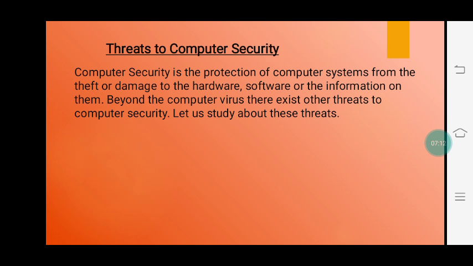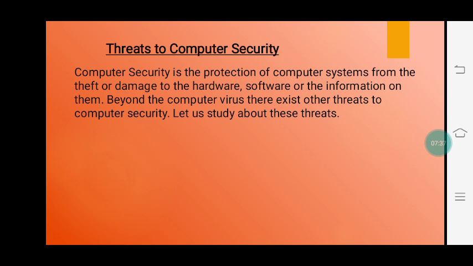Now the next topic is threats to computer security. Now, threat means what? Threat is nothing but the danger, or any damage, or any hazard.